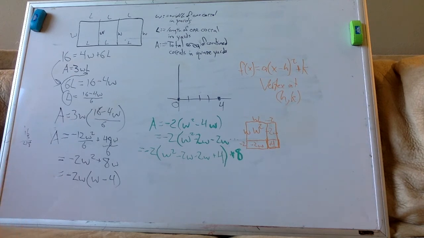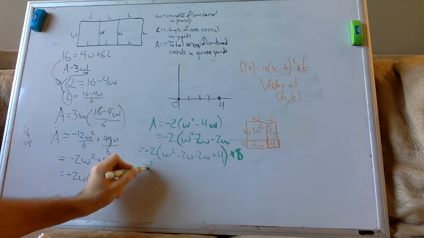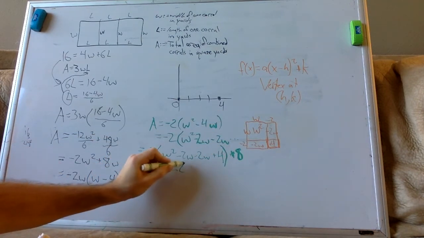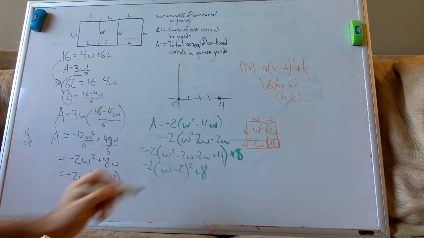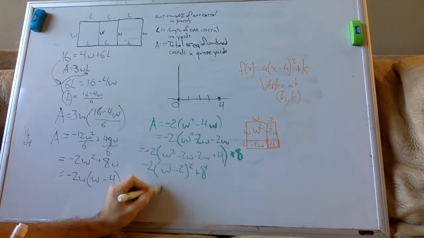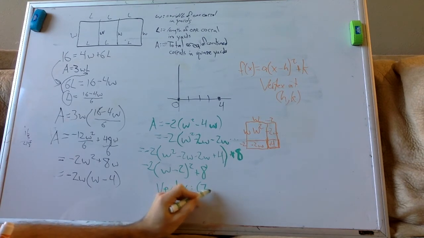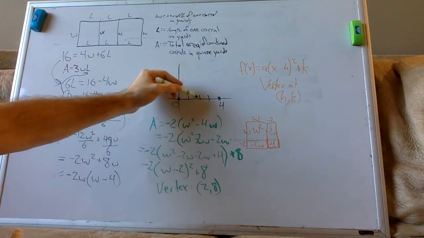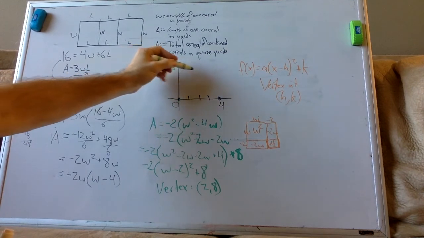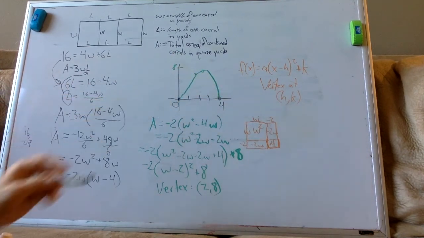So I added my 8 back. Now notice that I have w minus 2 squared. So that's negative 2 times w minus 2 quantity squared, and my plus 8. And so now I'm in my vertex form. So I have a vertex at 2, 8. So come up here at 2 and up here at 8. I have a vertex, and I know that it's a parabola that goes down like that.